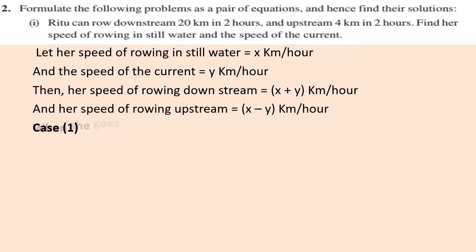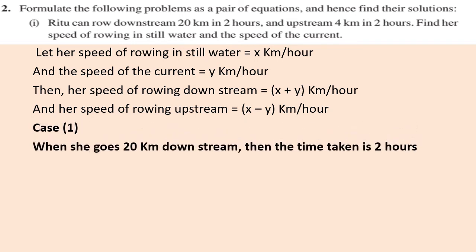Now in case 1 it is given when she goes 20 kilometer downstream, then the time taken is 2 hours. So you can write the equation as x plus y multiplied by 2, that is equal to 20. You are using the formula here, distance equal to speed multiplied by time.